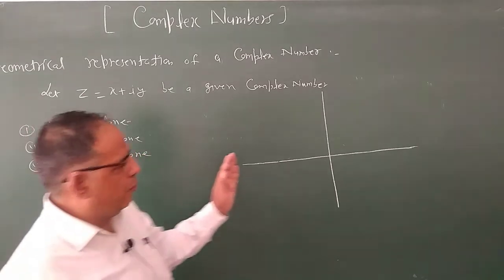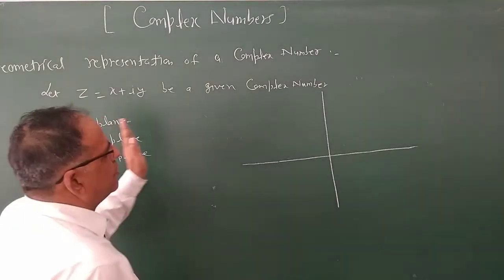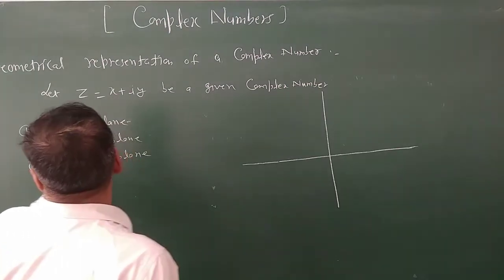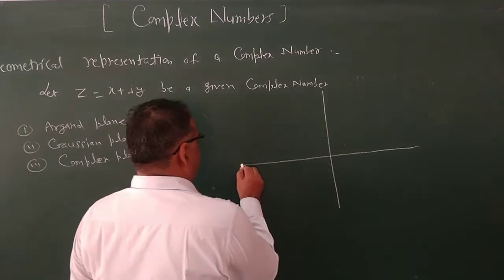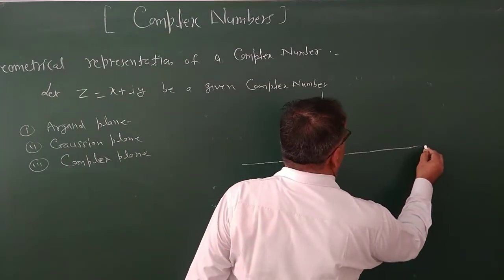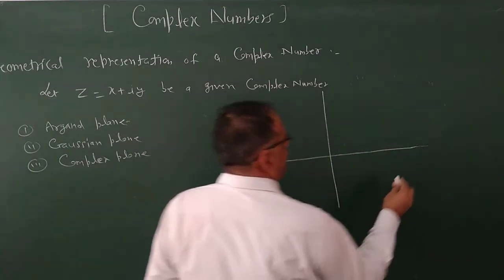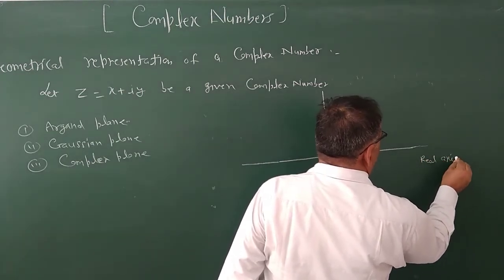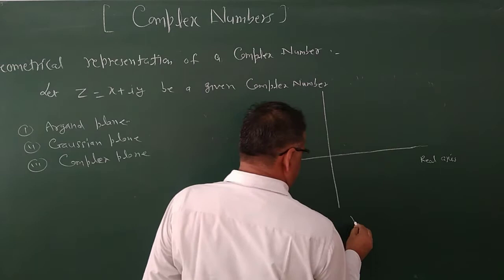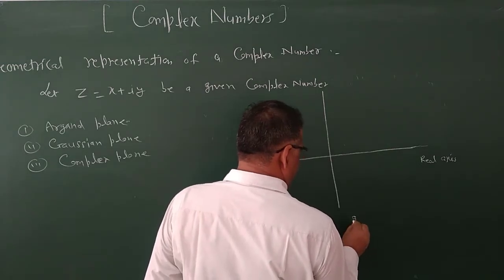So for the plotting of a complex number, we need a plane known as the Argand plane, Gaussian plane, or complex plane, in which there are two mutually perpendicular axes. One is the horizontal axis, known as the real axis, and the other is the vertical axis, known as the imaginary axis.